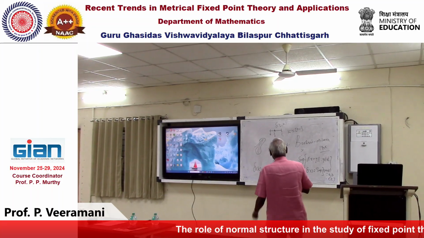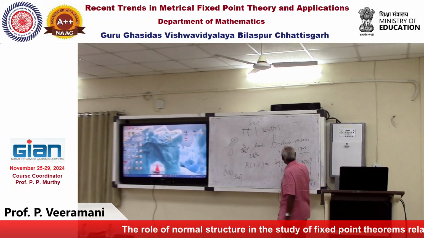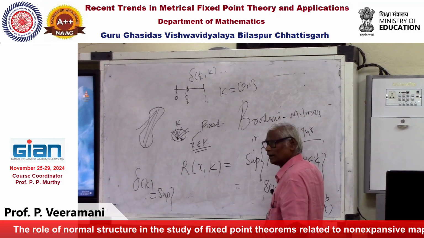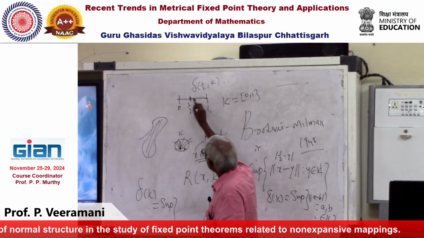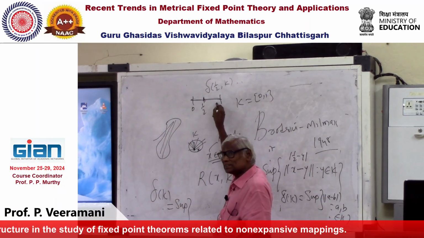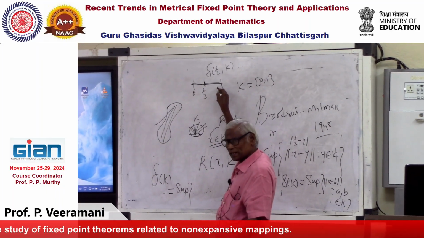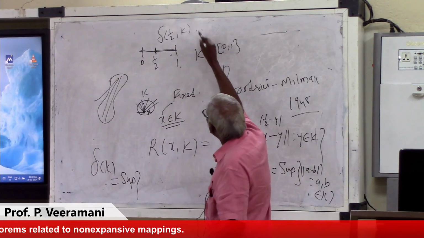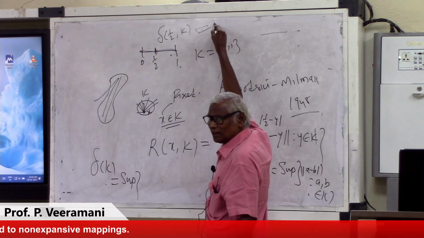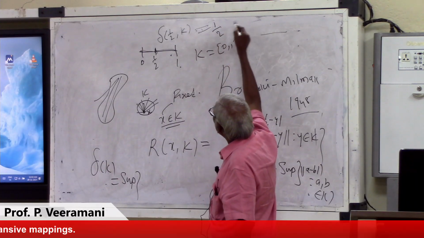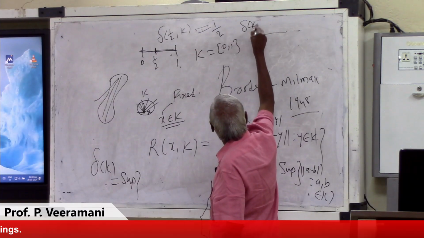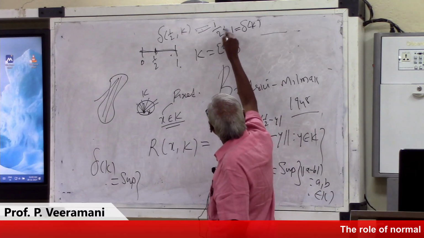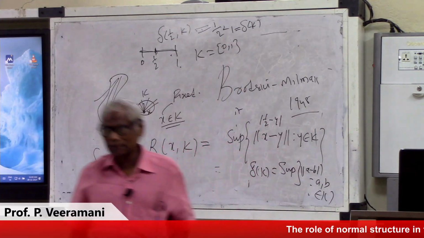See here, in this case our x equals half, and y varies over K, on this side or this side, anywhere. What is the maximum? In this case the maximum is the supremum. Delta of this is equal to half. What is the diameter of K? Diameter is 1. So half is less than 1.